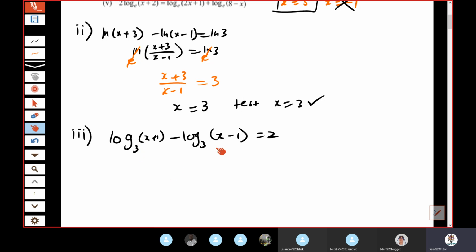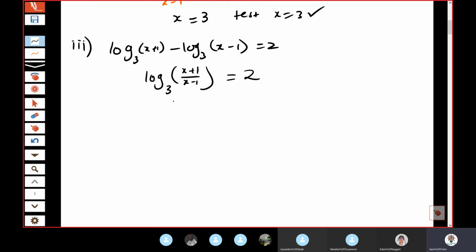Now, specifically because these two are the same, I can actually combine them as well. So I'm going to write log x plus 1 on x minus 1, because it's subtracted, so we divide our logs, and that's still the same subbase of 3, equals 2.